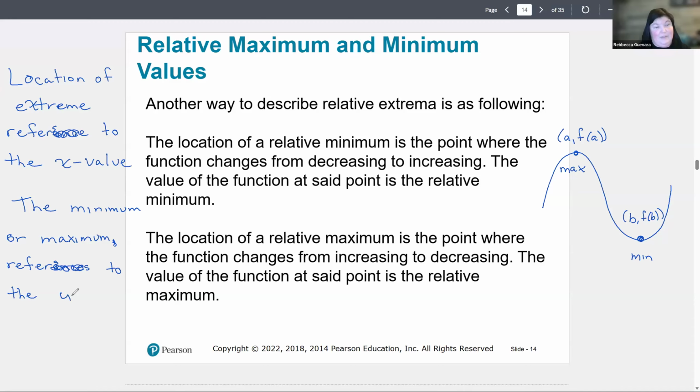So usually when you're asked for a maximum or minimum, what you're really being asked for is your function value at the location of the extrema. The location is going to refer to your x values.